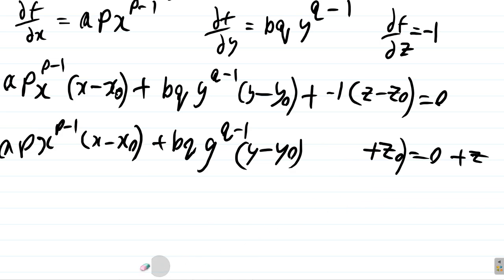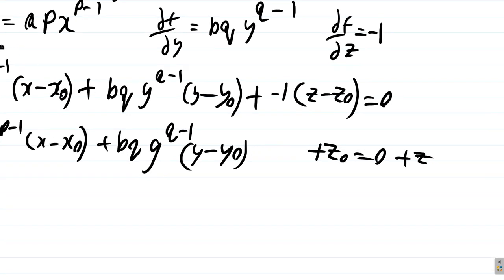Then what you have to do now, well, the bracket is not there anymore. What you have to do is subtract z naught from both sides. So minus z naught, and the z naught here will go. Alright, this 0 will go as well.